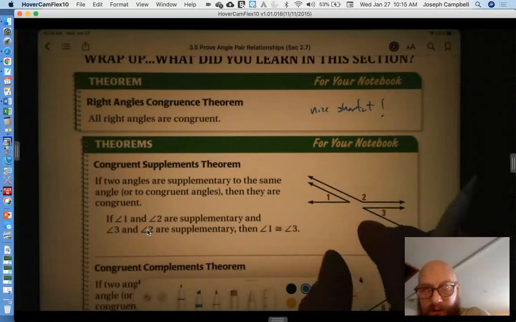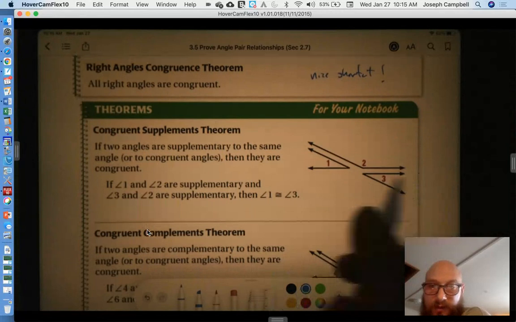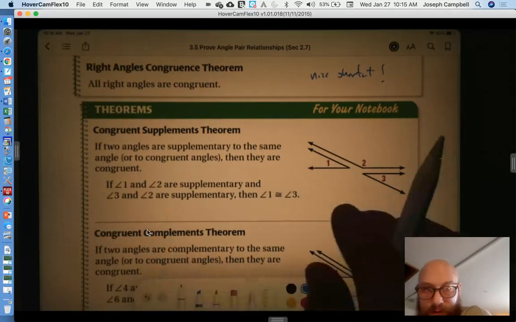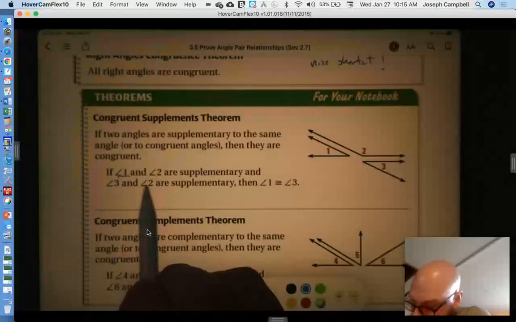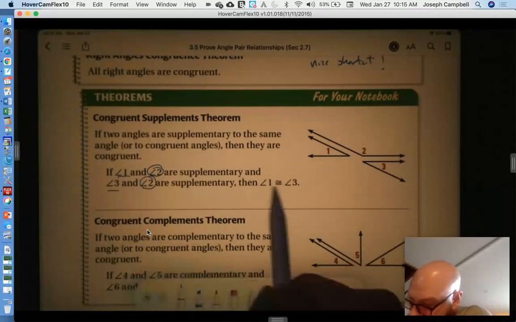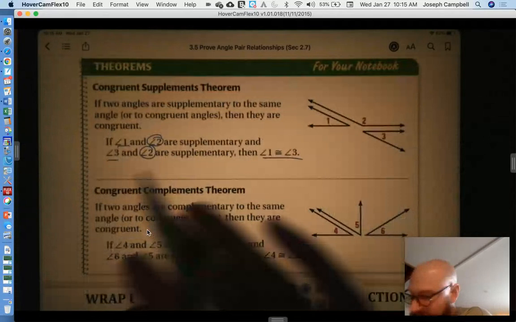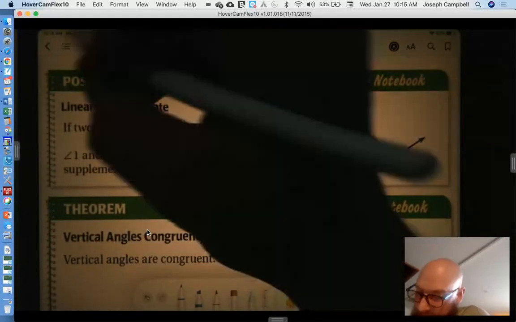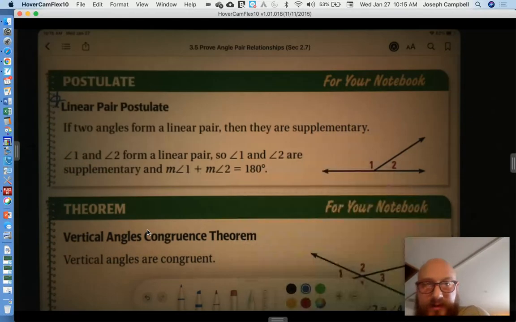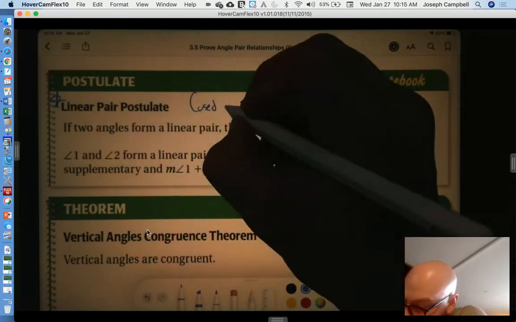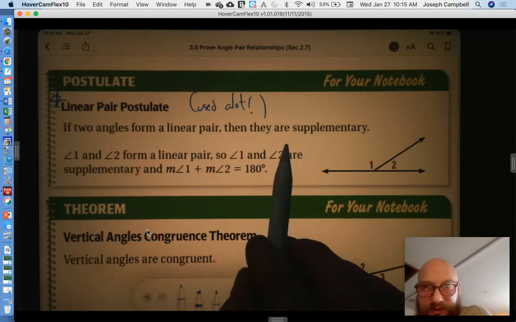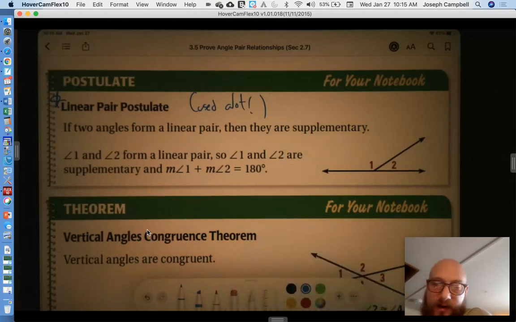Actually, all of these are. We learned the congruent supplements theorem. If two angles are supplementary to the same angle, then they are congruent. The same thing holds for complementary. We learned the linear pair postulate. We're going to use it a lot. If two angles are a linear pair, then they're supplementary.